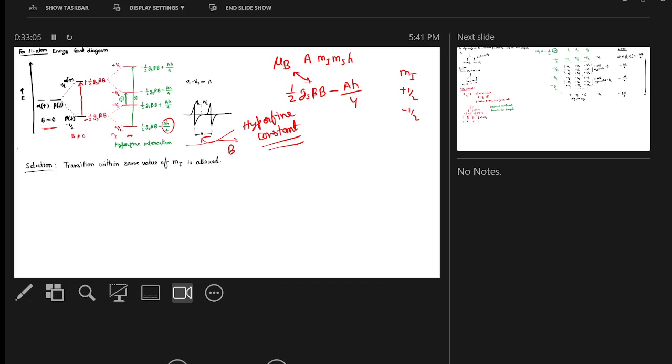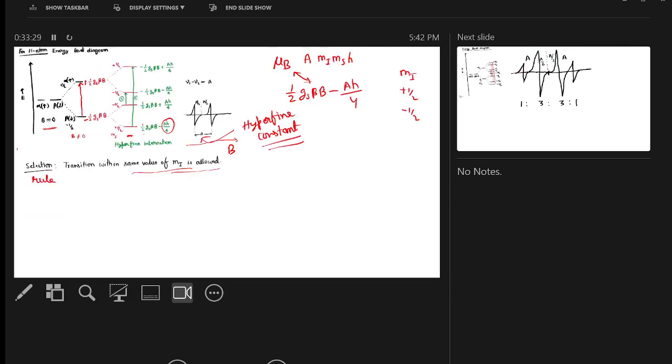So the primary selection rule is that transition within the same value of Mi is allowed. Because of this hyperfine interaction between the electronic spin and nuclear spin, we are getting two peaks instead of one peak in the case of a hydrogen atom.